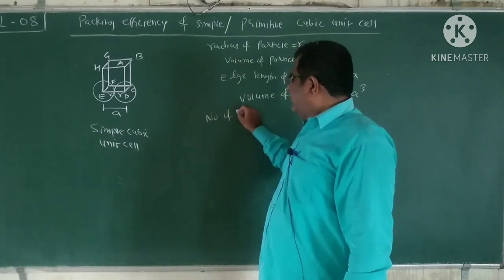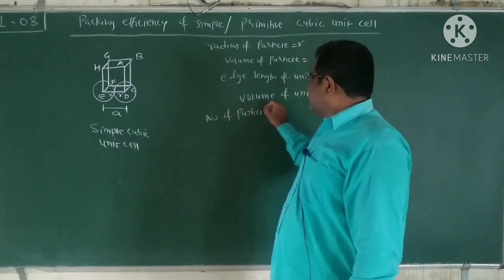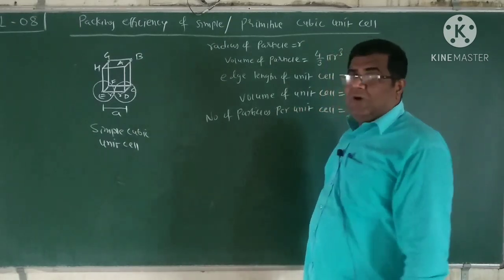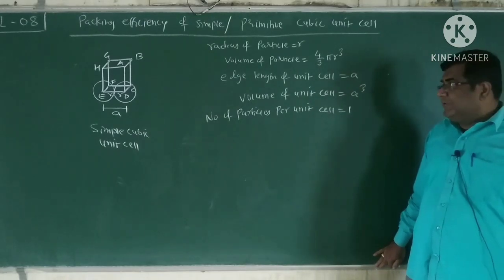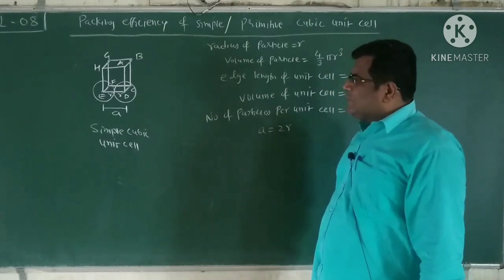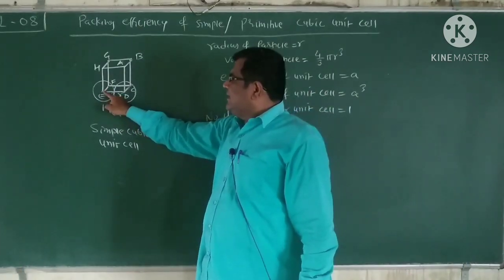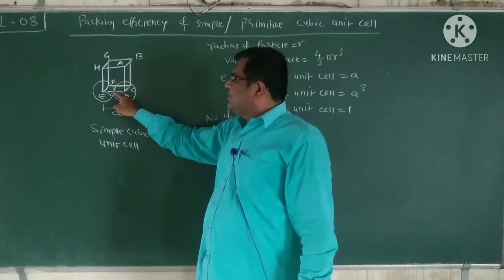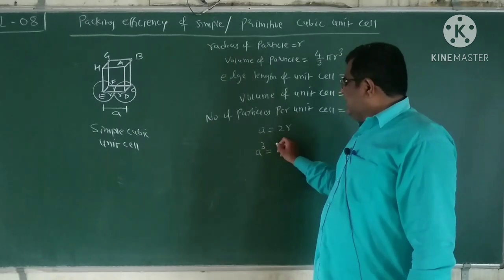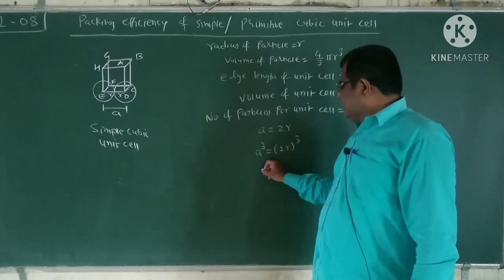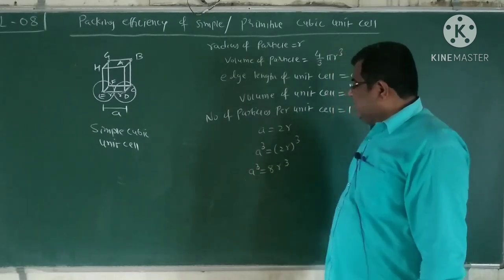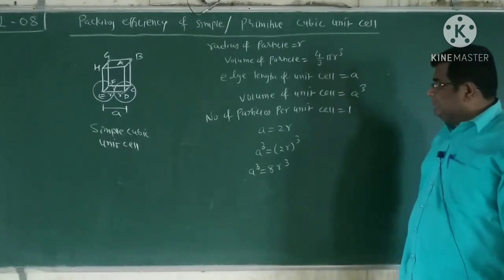Number of particles per unit cell equals 1, because this is a simple cubic unit cell. A is equal to 2 times the radius, because this is radius, so this distance is nothing but 2 times the radius. That's why A cube is equal to 2 times radius, cube of that, it is 8r cube. So A cube is equal to 8r cube.